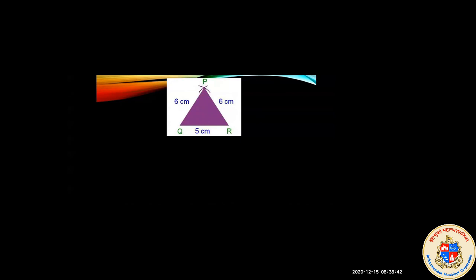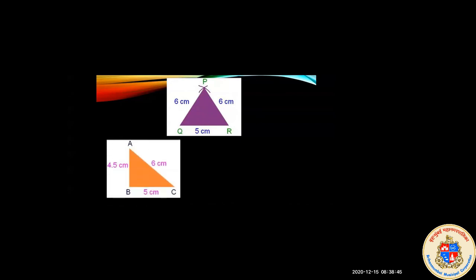Okay. Now one more is there. Triangle ABC. Look at this triangle and tell me which type of triangle it is. See the measurements. AB is 4.5 centimeter, side BC is 5 centimeter and side AC is 6 centimeter. Can you guess which type of triangle it is? Scalene triangle.